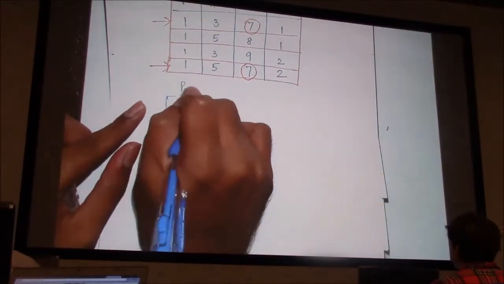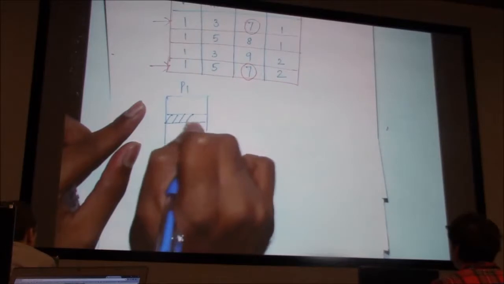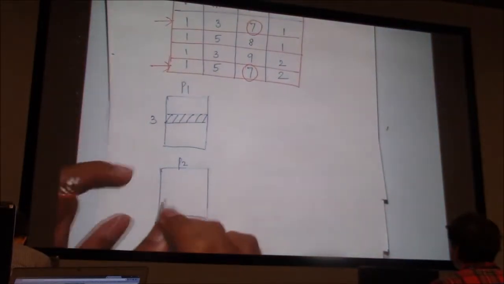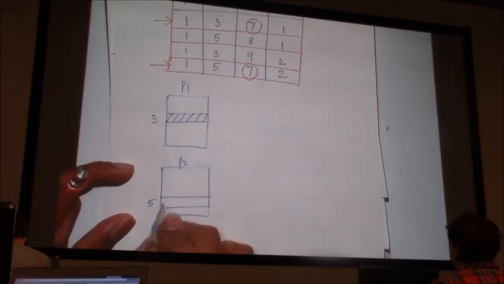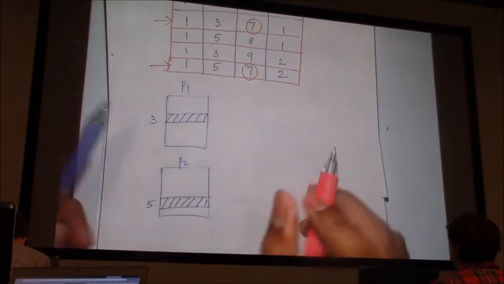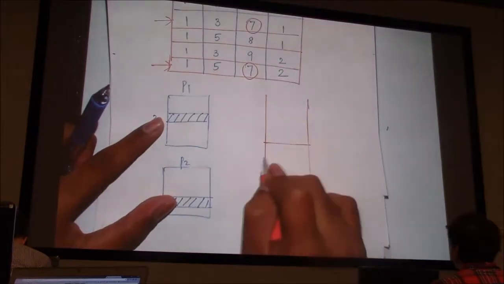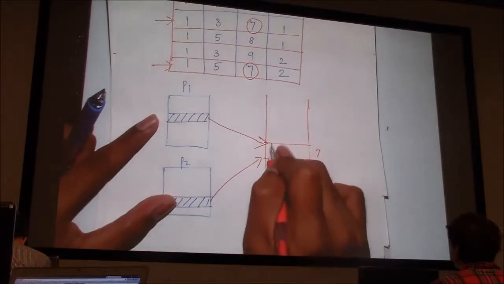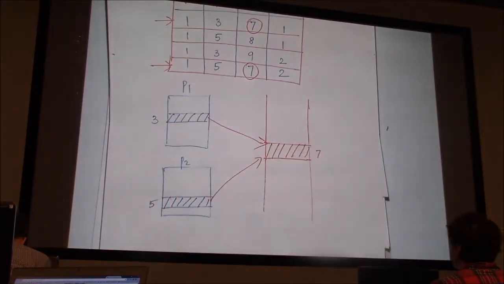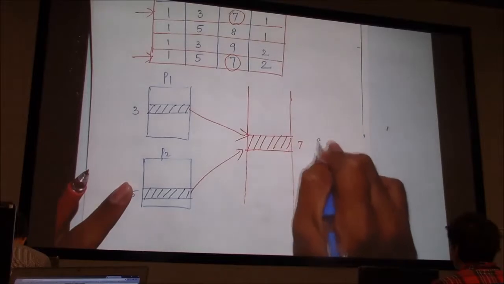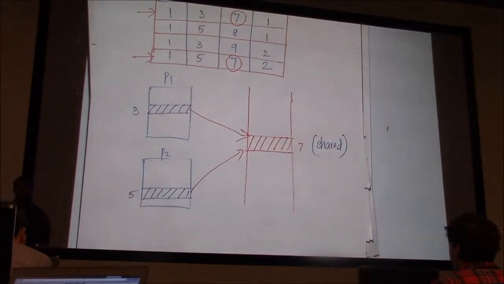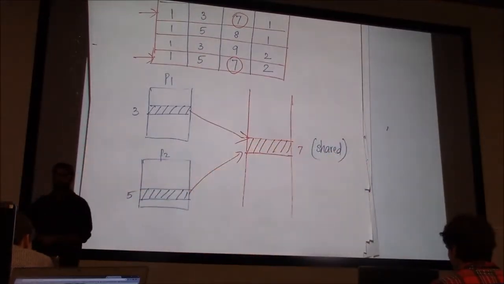Process P1's virtual page 3 and process P2's virtual page 5 are both in physical memory, both mapping to the same physical frame, called 7, physical frame 7. In this way, this particular physical frame is shared between these two processes. This is a shared page, basically, a shared physical frame.